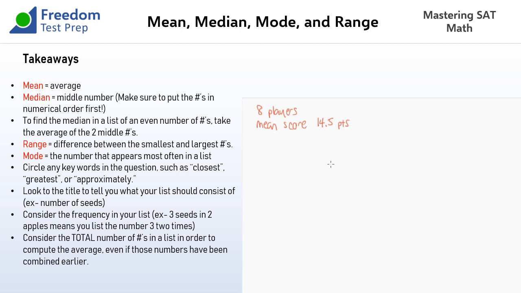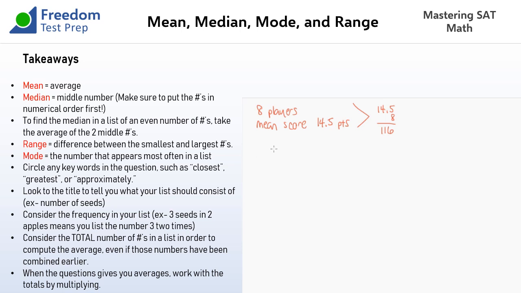Now, they're not telling us each player's score, right? They're telling us the total average. So we don't have a list. So instead of working with the individual scores, we have to work with the totals that they give us. So if we do 14.5 times 8, we're going to get the total. And that total is 116.